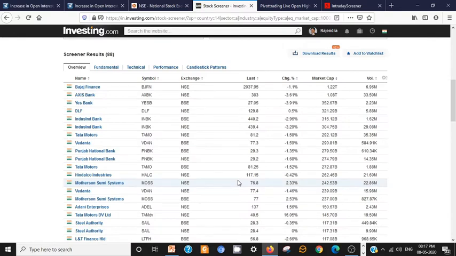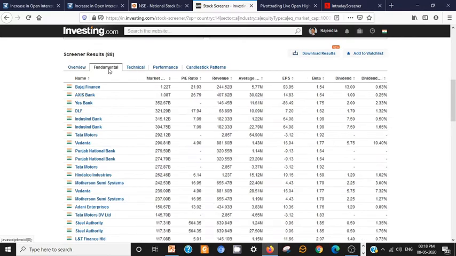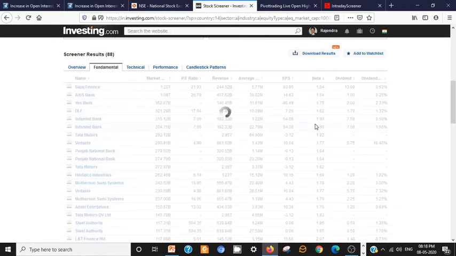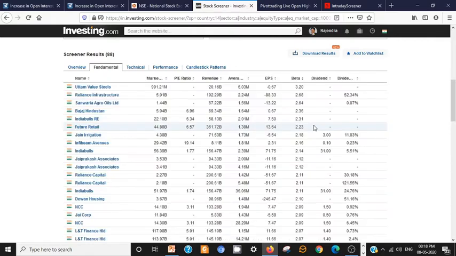Here you can go to the fundamentals and see the stocks based on beta value. If you press this tab, you're going to get the stocks in ascending or descending order. By default it is ascending, so now we're getting stocks in descending order, having a beta of 3.20.